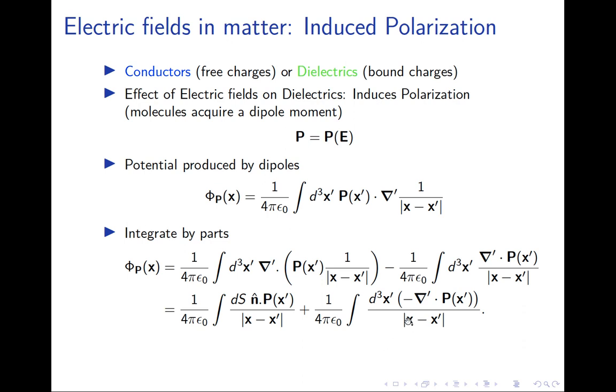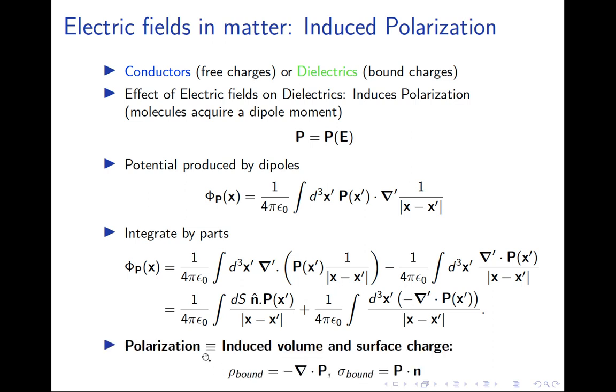We have the potential due to a unit point charge times some charge density, integrated over all the charges, except this is a surface charge because you're integrating over a surface, and this is a volume charge. So a polarized dielectric is equivalent to replacing the dipole moments by a volume charge density and a surface charge density.